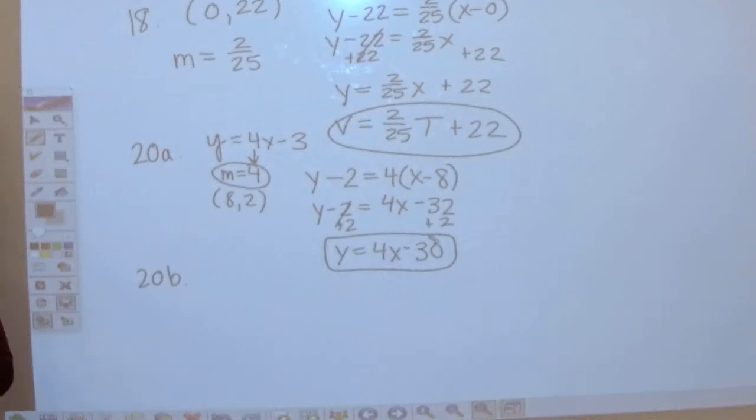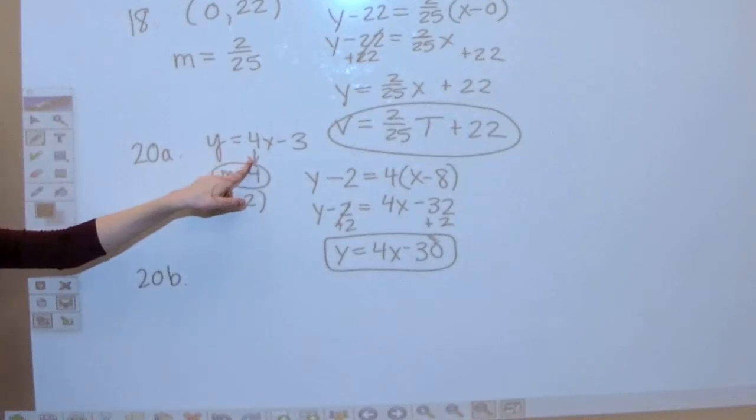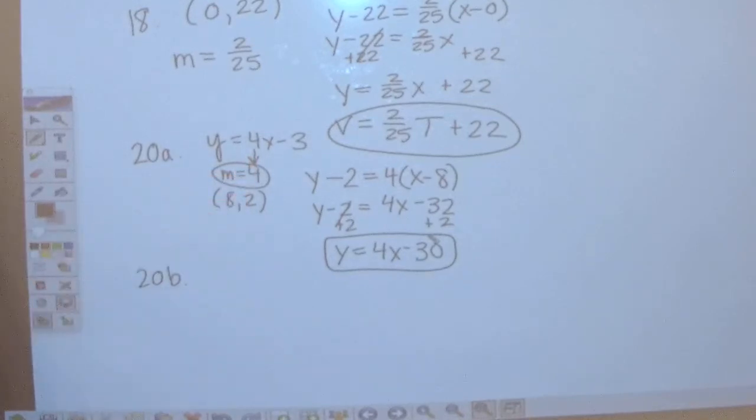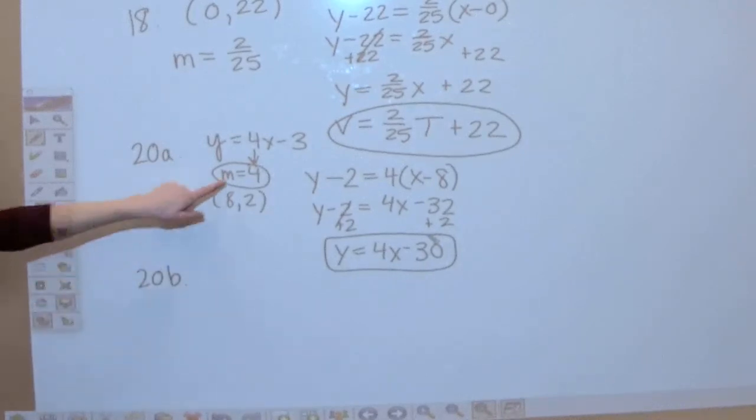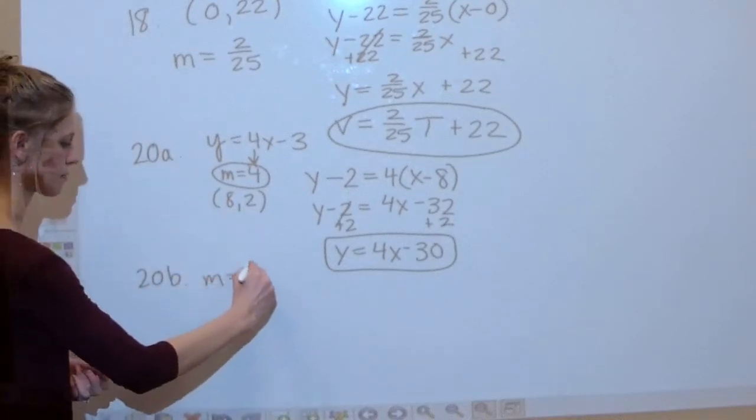Perpendicular is going to be really similar, the exact same steps, but we're going to use a different slope. So if this line was a slope of 4, then it's 1/4 and you have to make it negative. Because for perpendicular, you have to take the negative and flip it. So this is 4 over 1. So we flip it to be 1 over 4.